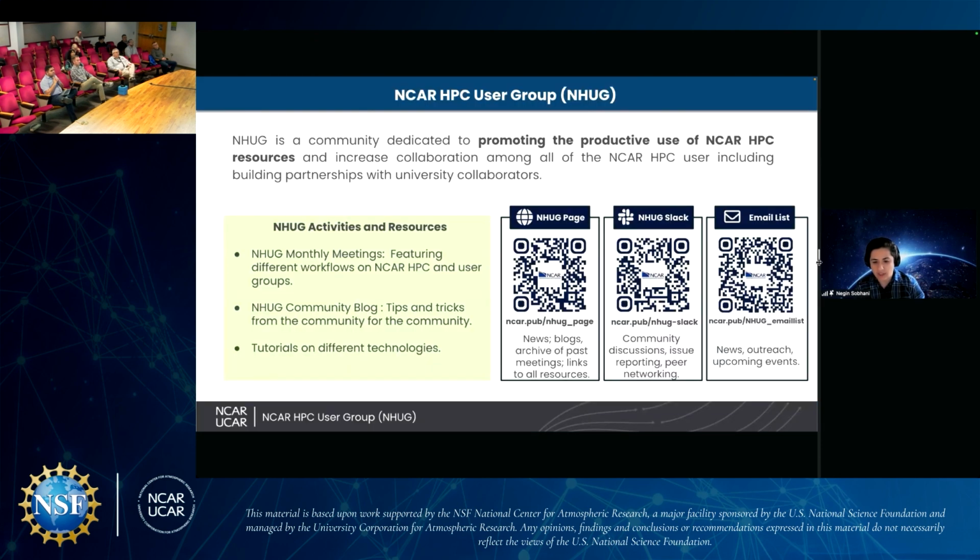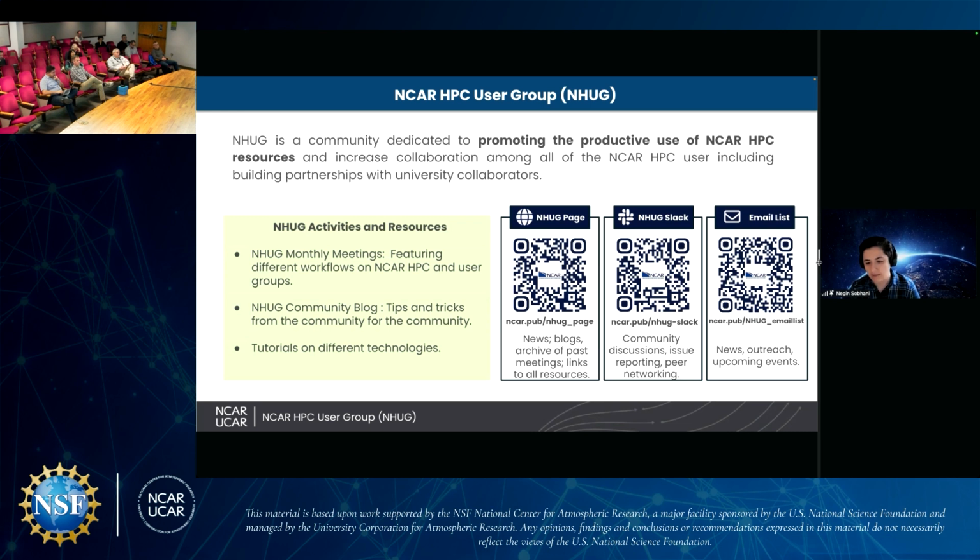So the first community I want to mention is NHUG, or NCAR HPC User Group, which many of you are already familiar with. NHUG is a dedicated community that aims to promote best practices and productive use of our HPC facilities at NCAR and increase collaboration among all of the NCAR HPC community.